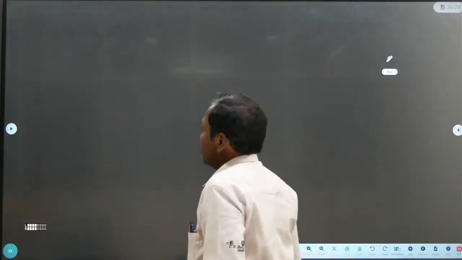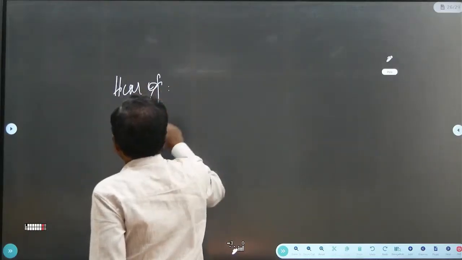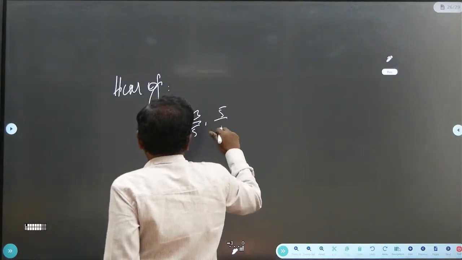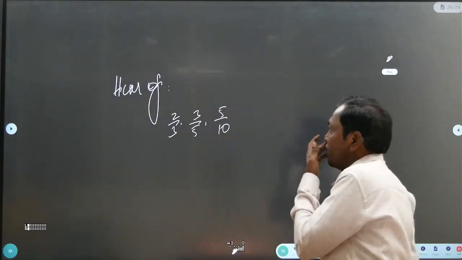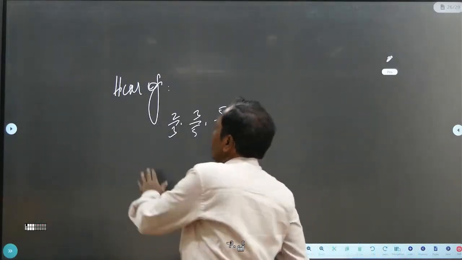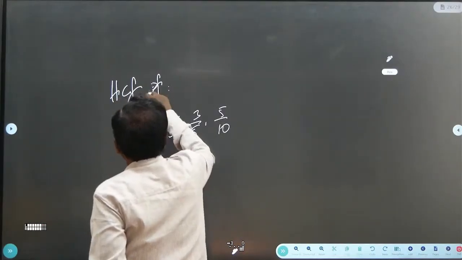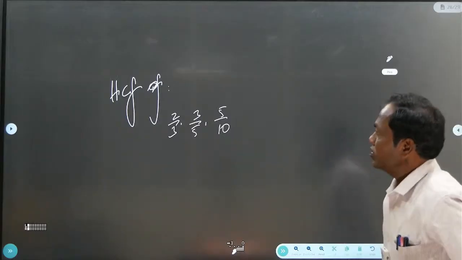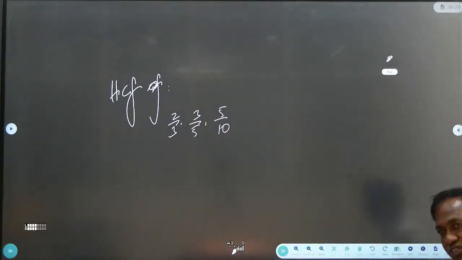Now find the HCF of 2 by 3, 3 by 5, 5 by 10. 2, 3, 5, all three are prime numbers to each other, so 1 can be taken straight away.